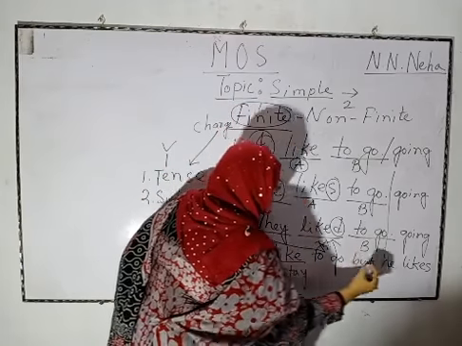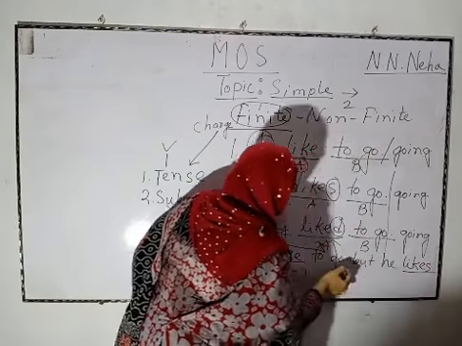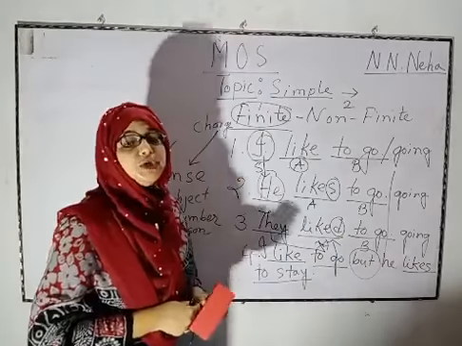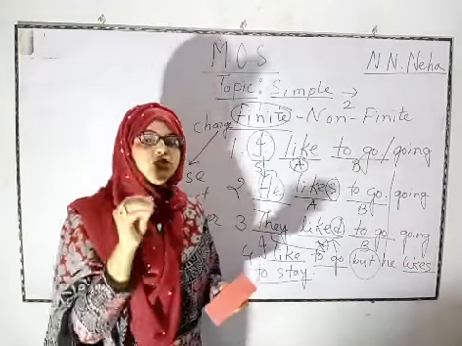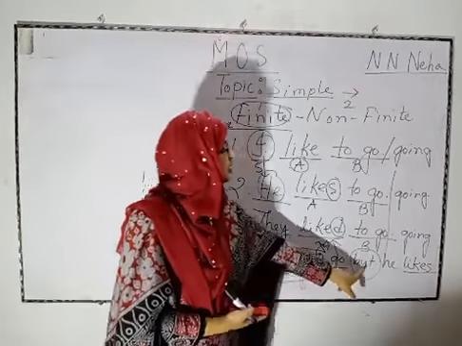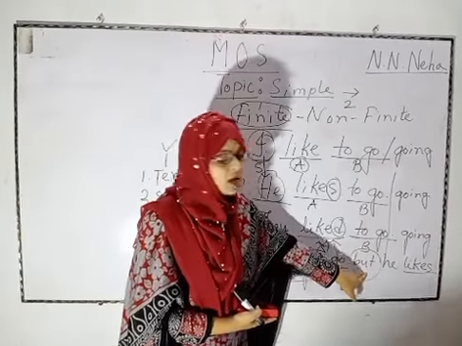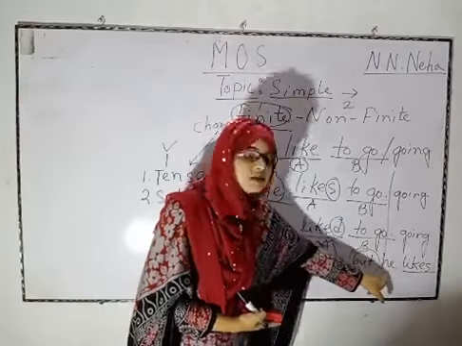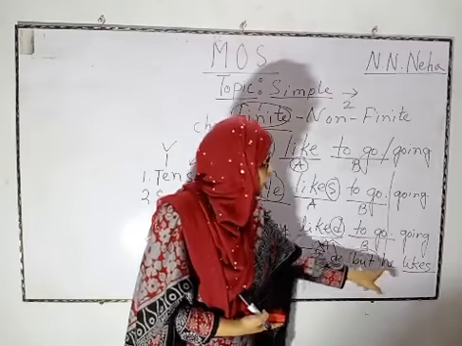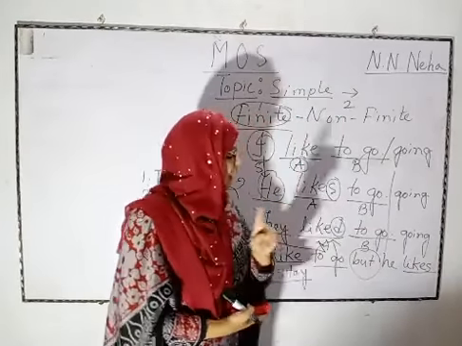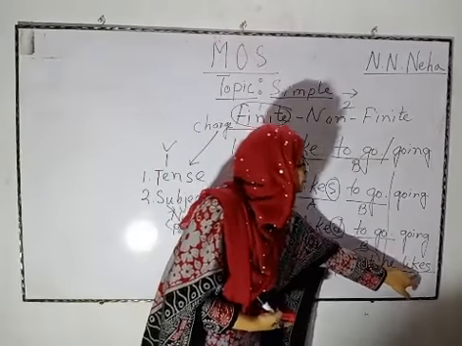Here like, here also likes, to go, to stay, but here is but. Actually today's most important part is this, that when you have a conjunction, this conjunction allows you to have another subject if necessary, or have a verb, at least one finite verb, and that is we have used likes.